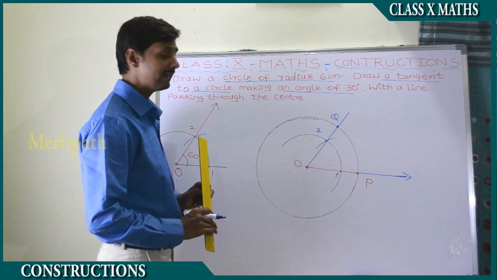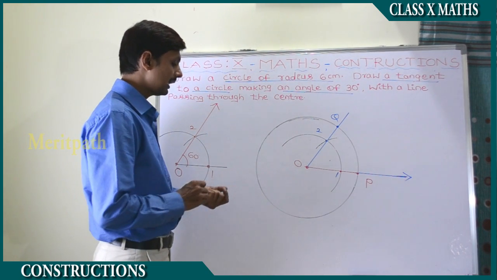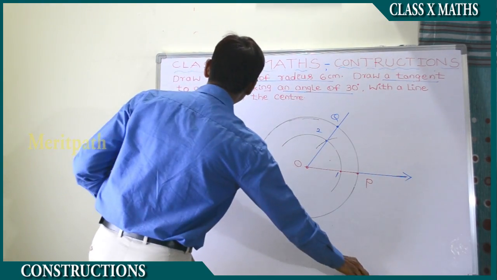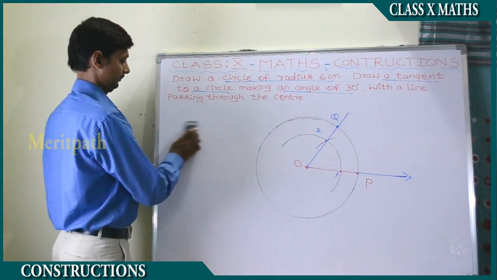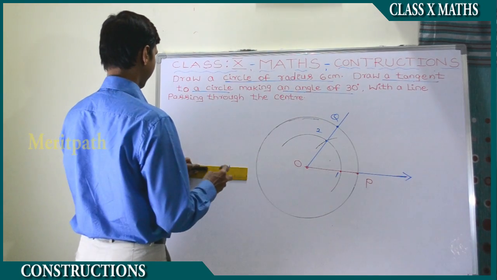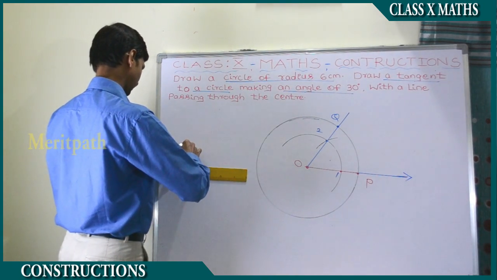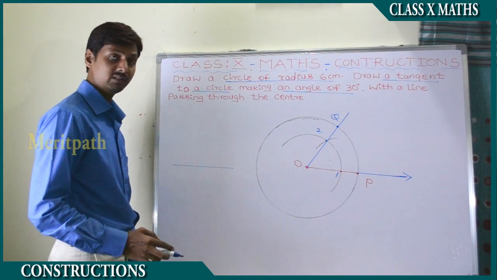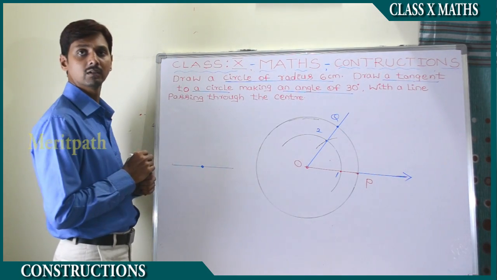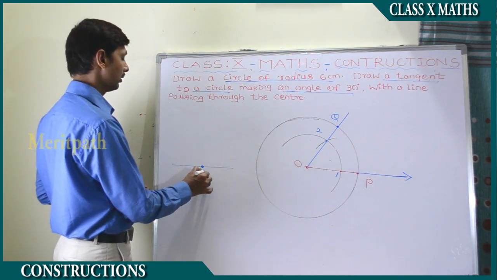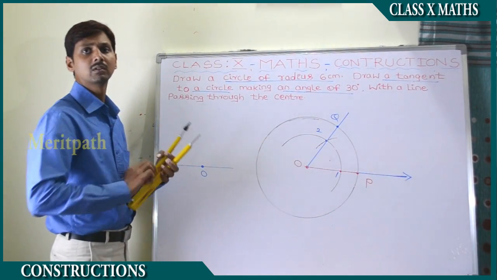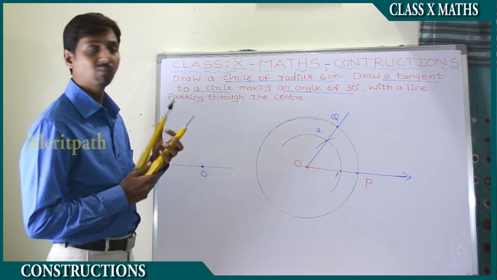To draw a perpendicular line, we know that it should be 90 degrees. So how to construct 90 degrees is nothing but this: draw a line segment and take any point on it, anywhere we can take it, as the point O. Using the point O, take any radius.